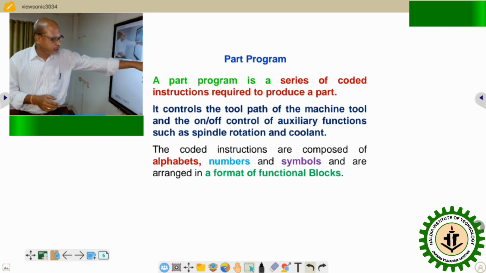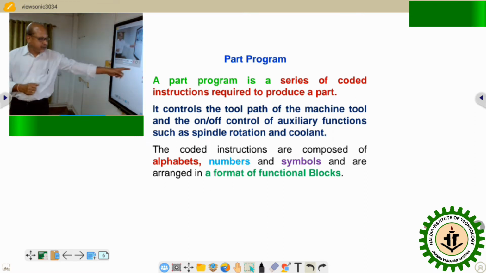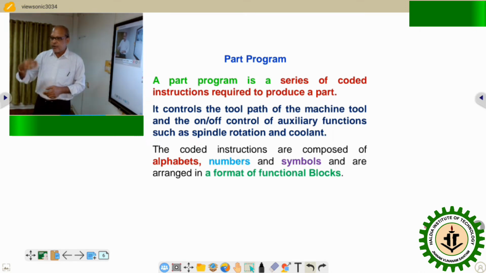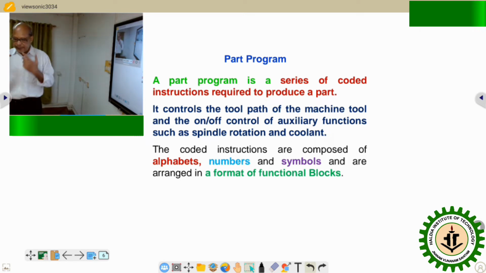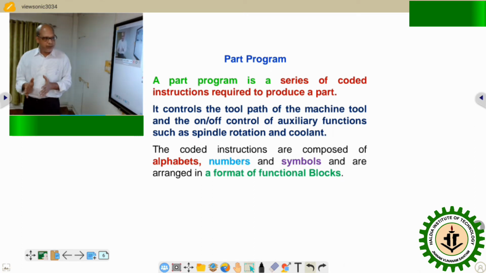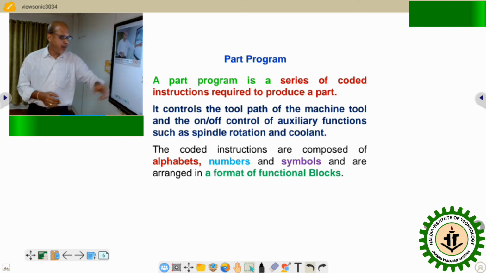It controls the tool path of the machine tool and the on-off control of auxiliary functions such as spindle rotation and coolant. Suppose the spindle needs to be rotated, or if it is a lathe category CNC or a turning center, then the job will be clamped in the chuck and the chuck will act as a spindle. Some rotational movement has to be imparted, otherwise cutting action will not take place. That rotational motion of the spindle, whether lathe, drilling or milling, is generically considered an auxiliary function.